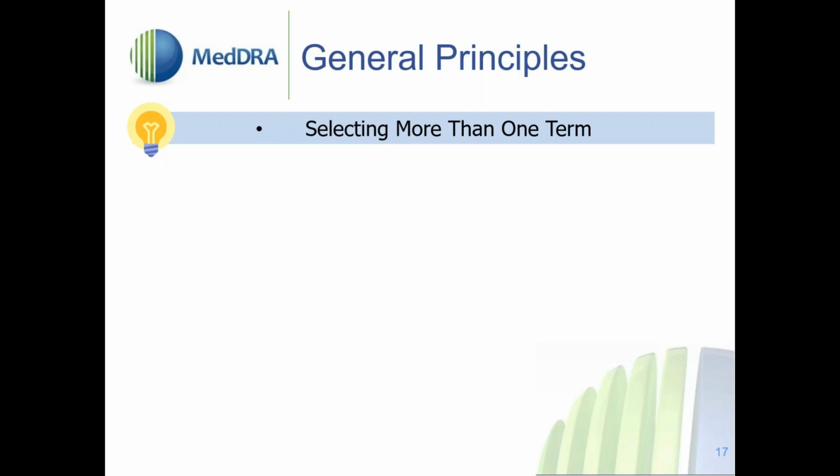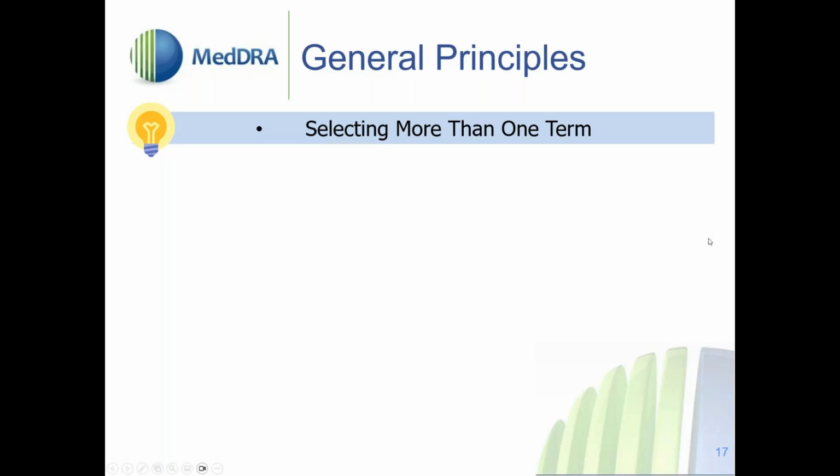But in some cases, that's simply not possible. You won't be able to find one LLT that conveys the entirety of the reported information you're receiving. In that case, you may need to select more than one LLT to represent the source term that you've received.